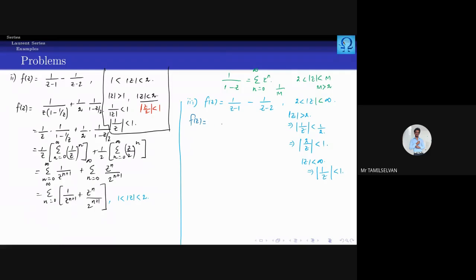So when we take z outside, it is 1 minus 1 upon z minus, here what should be taken out? 1 upon, here also if you take z outside, you will have, am I right? Yes, sir. Okay, now do the expansion.